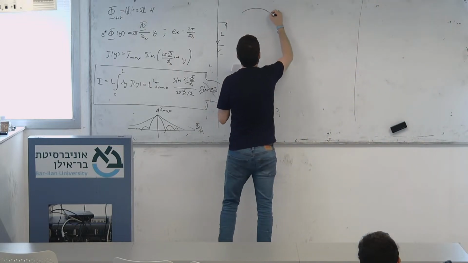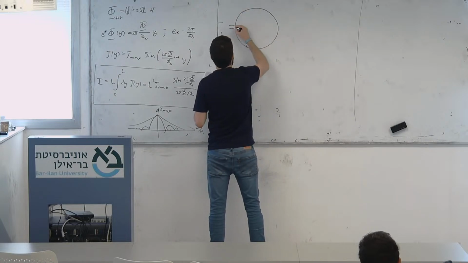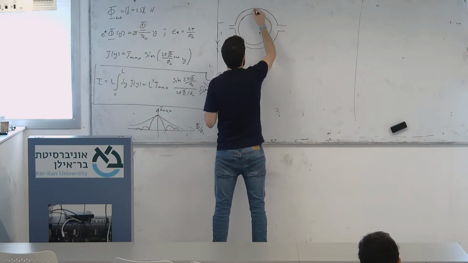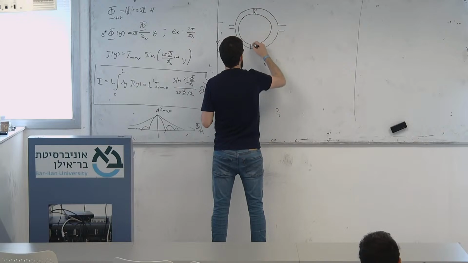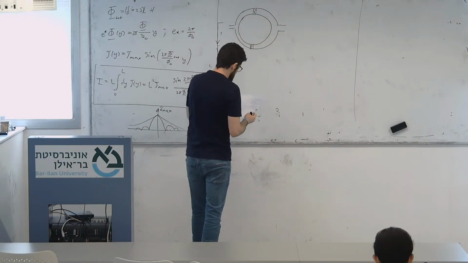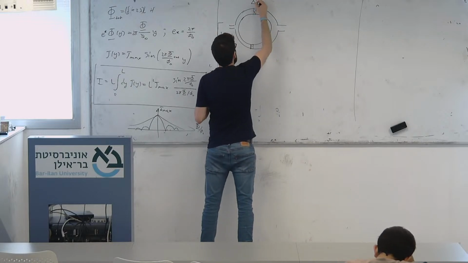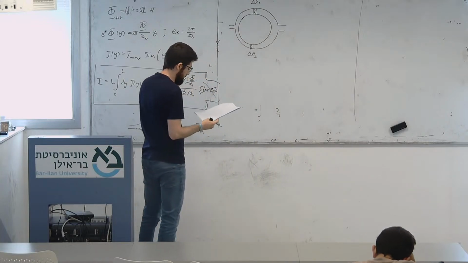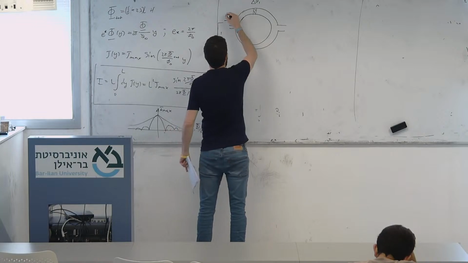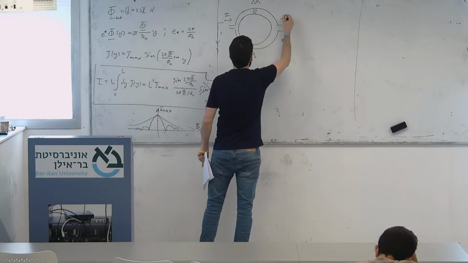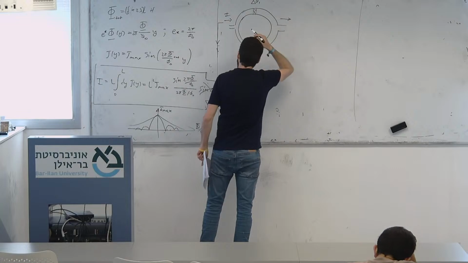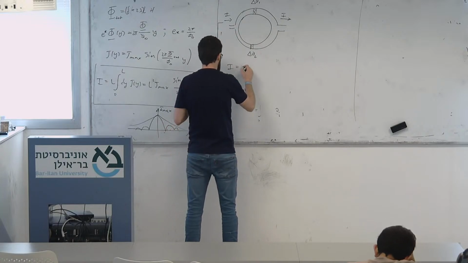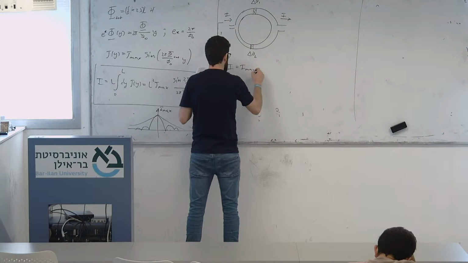We imagine something like a ring. Here we have the first Josephson junction, and here we have the second Josephson junction. Across each one of them we have delta theta 1 and delta theta 2. So if we have a current flowing from here to here, then we know that I is equal to some I max, right?